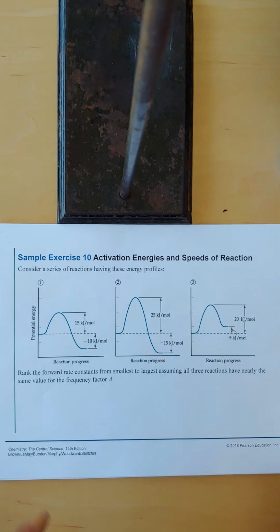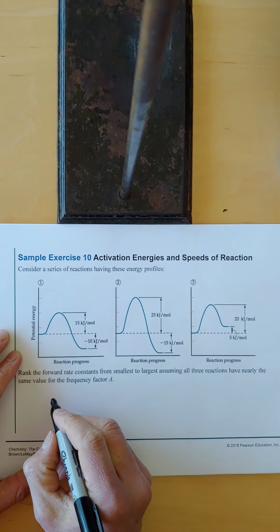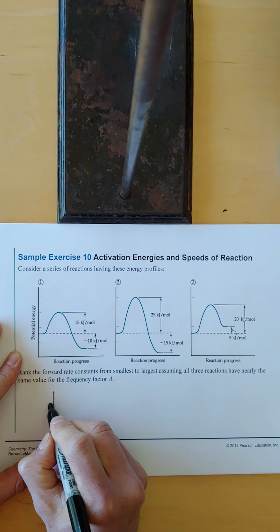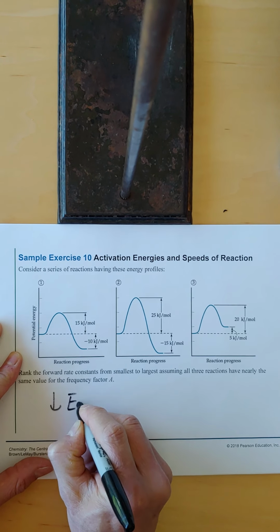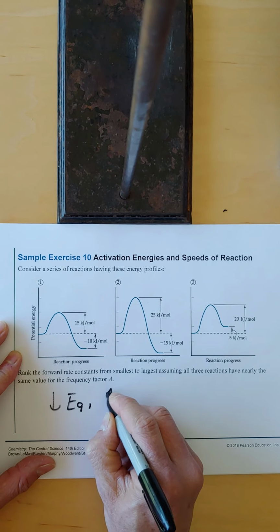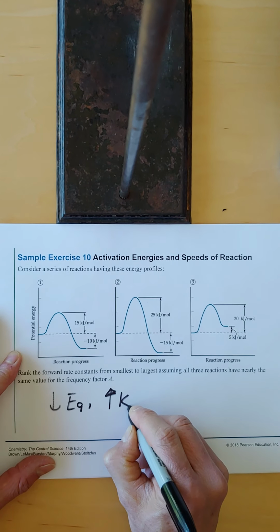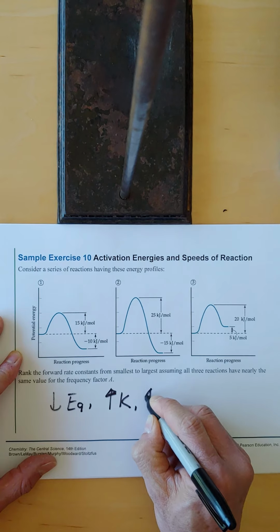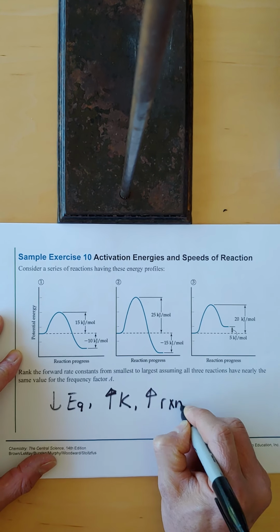But basically, what we want to take from that is that when I have a lower activation energy, that gives me a larger rate constant and I get a faster reaction.